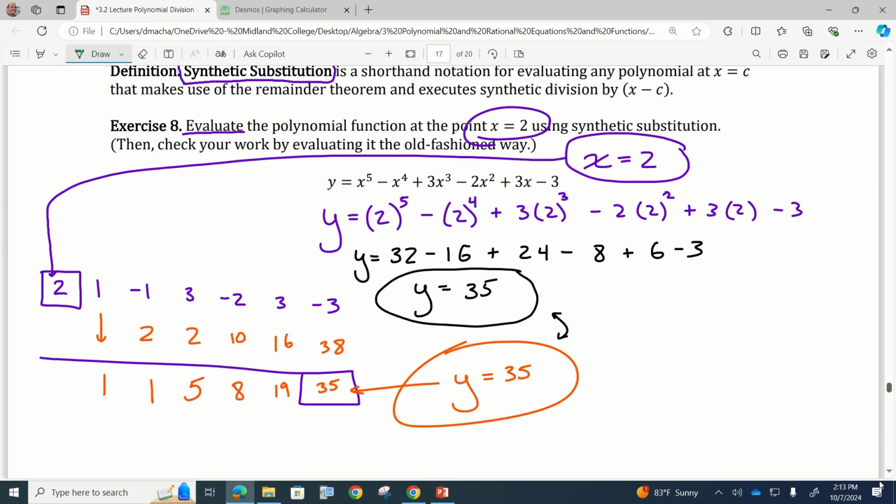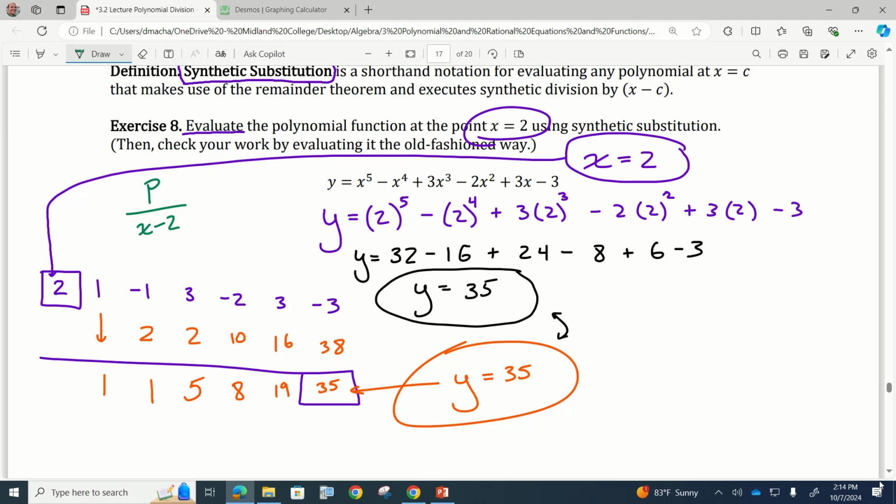So, when I go to do this synthetic substitution stuff, setting this up looks like synthetic division if I were going to divide this polynomial by x minus 2, right? Because I put the root of the denominator there.